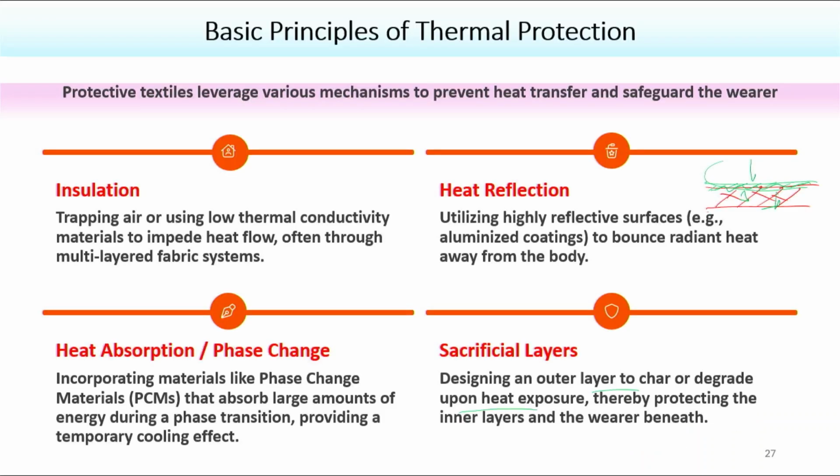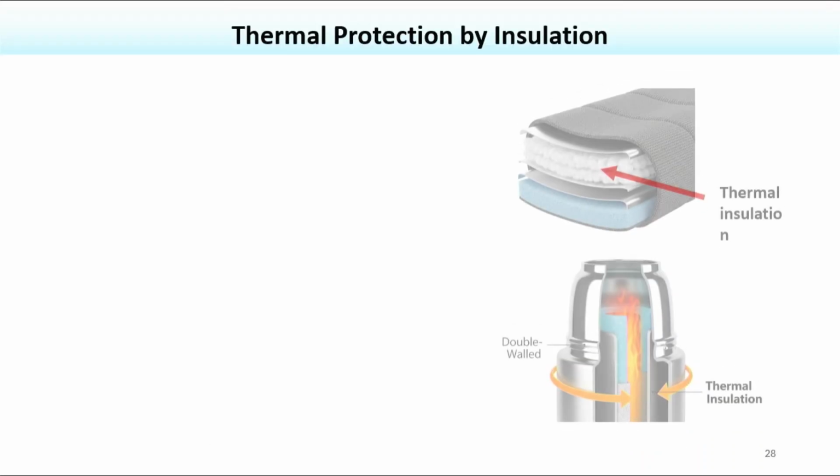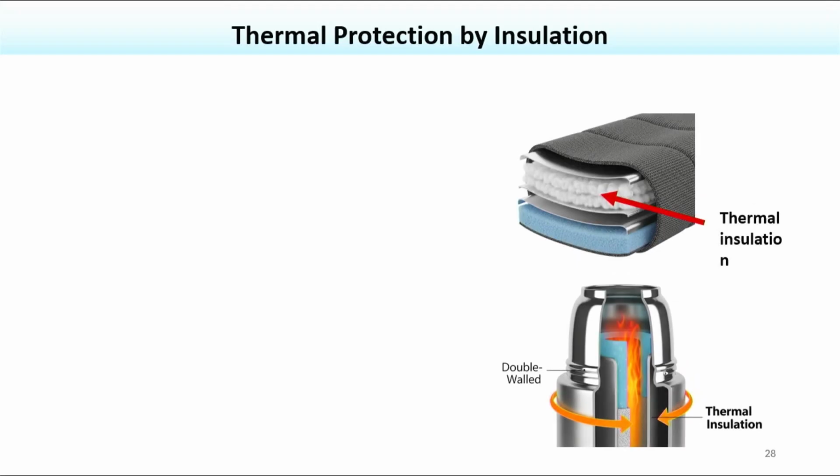First, let us see the thermal protection by insulation. We have to create some insulation, so we are adding some insulating layer, that means some entrapped air or some insulating material. A daily life example is the thermos flask. In a thermos flask, in the double layer in between there is a vacuum, so it is a vacuum flask.